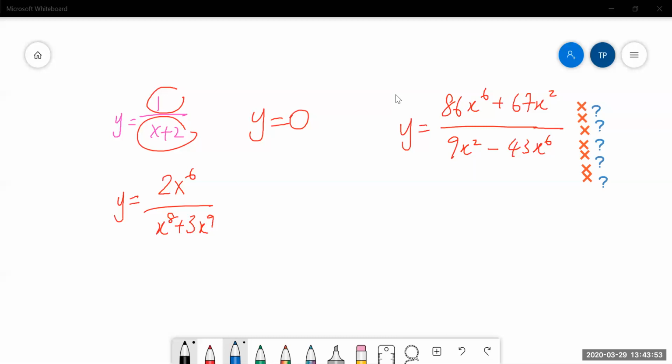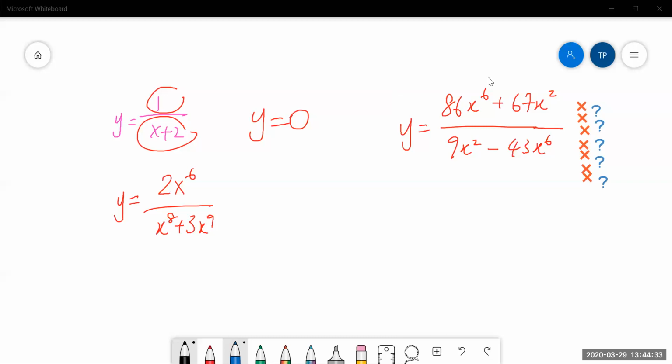Wait. Must calculate this. It's just 2. No. What's the answer?